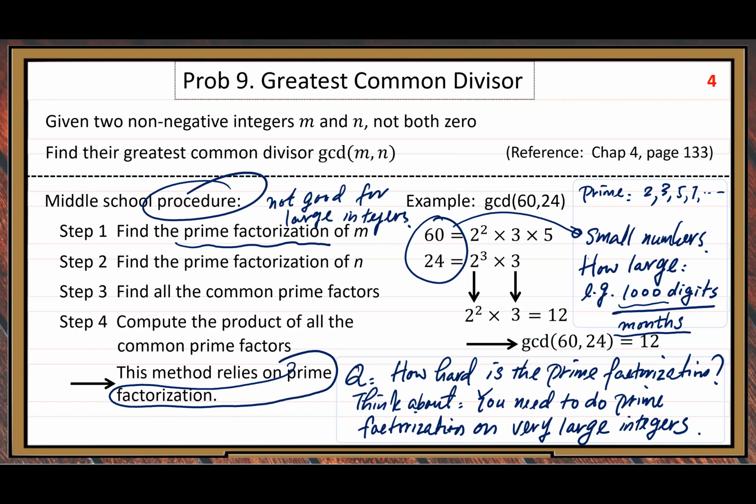So our question, all right. Here our goal, you can imagine the goal we want to have. We want to find the GCD of m and n, but both numbers in thousands of digits.